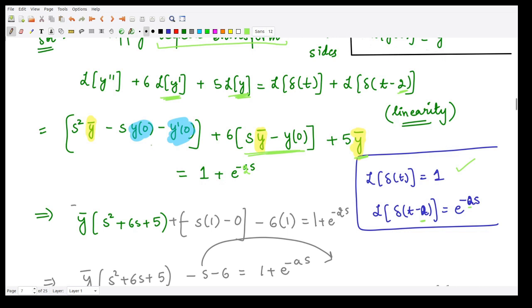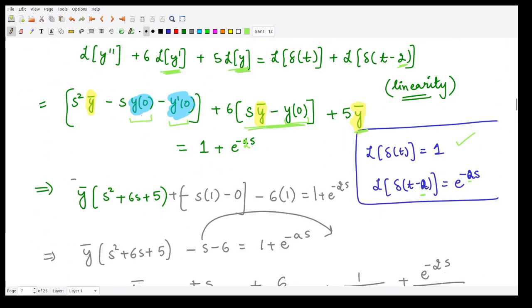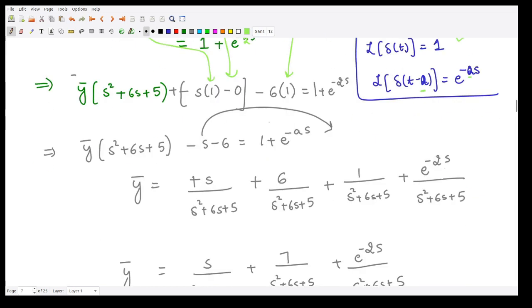Now we can substitute the values of y(0), y'(0) and y(0) here. The values are given to be 1 and 0. So we'll substitute its value as 1, its value as 0 and its value again as 1. And when you simplify this expression in terms of Y bar, you will have an expression of this kind.